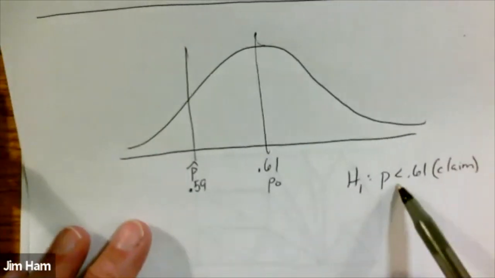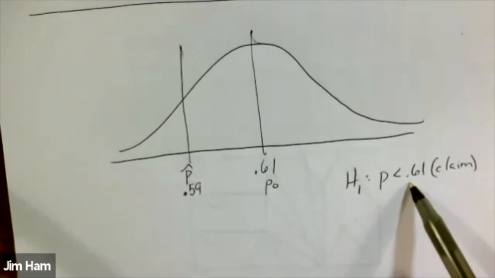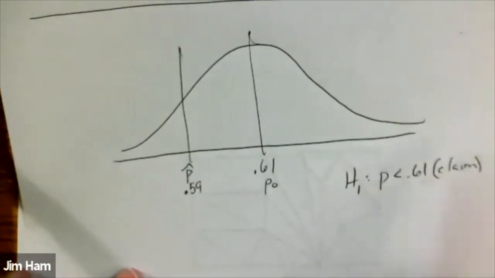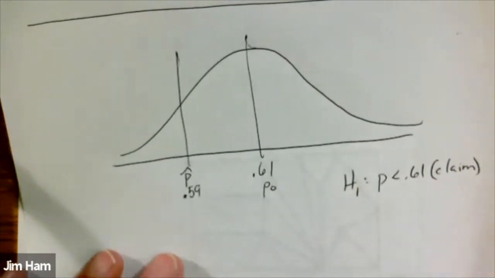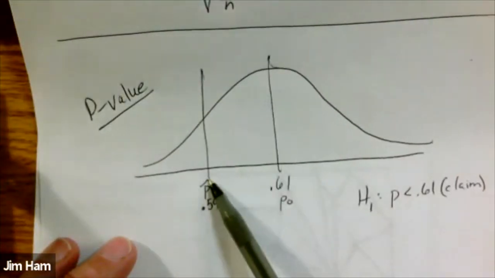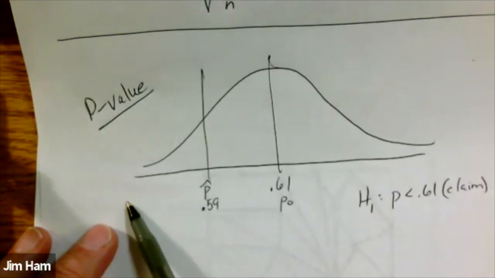Now, since we have a less than in our alternative hypothesis, we know that this is a left-tailed test. To calculate the p-value, it's the probability of getting our sample proportion or something more extreme.